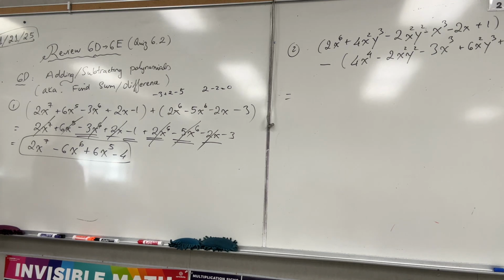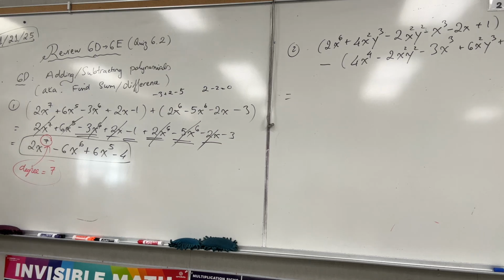It's not a typo. You're going to have 2 variables now, okay? By the way, what is the degree of this? 7. So when you write them in standard form, the highest power is going to be the degree. It will always be at the front if you're in standard form. So the degree is 7.